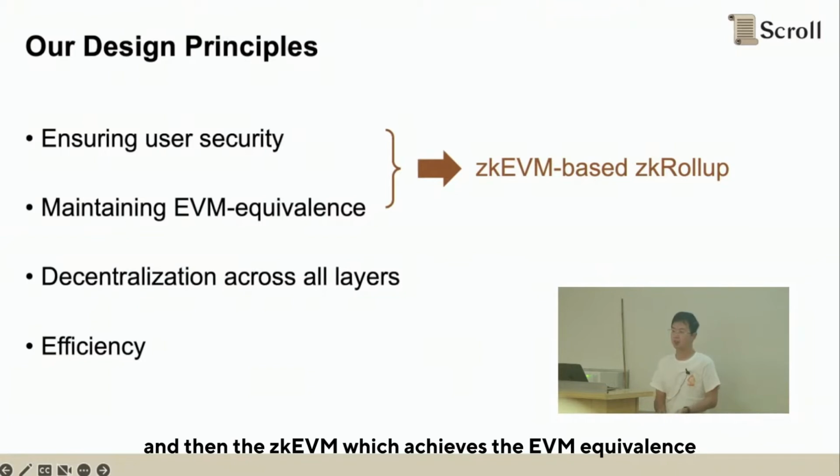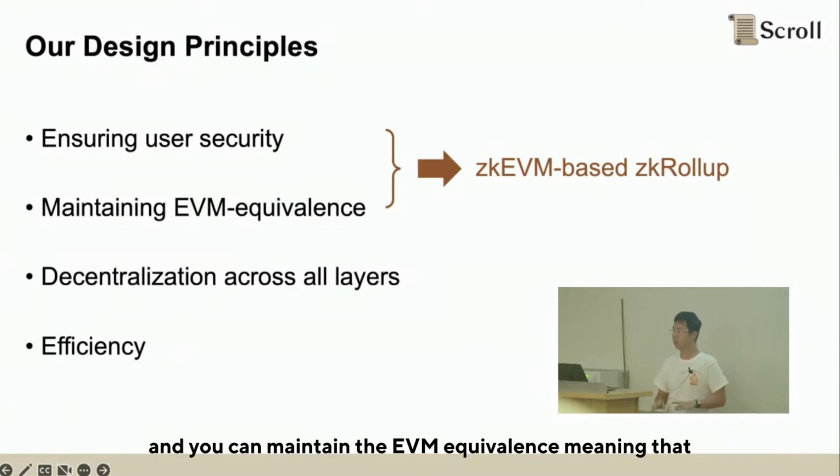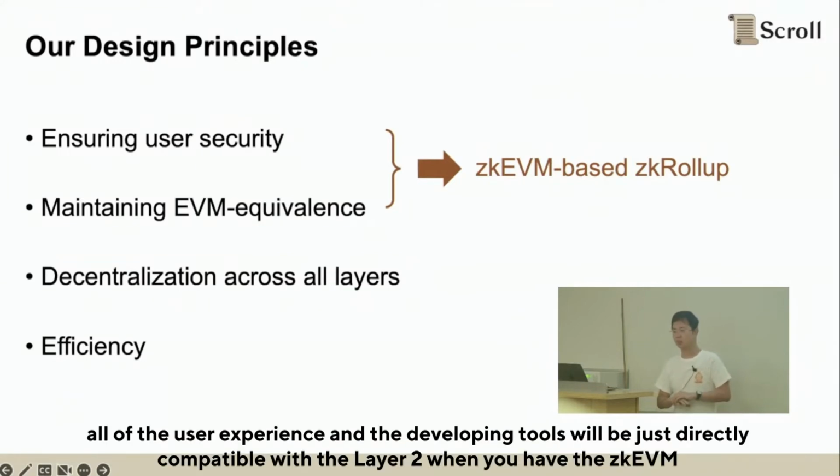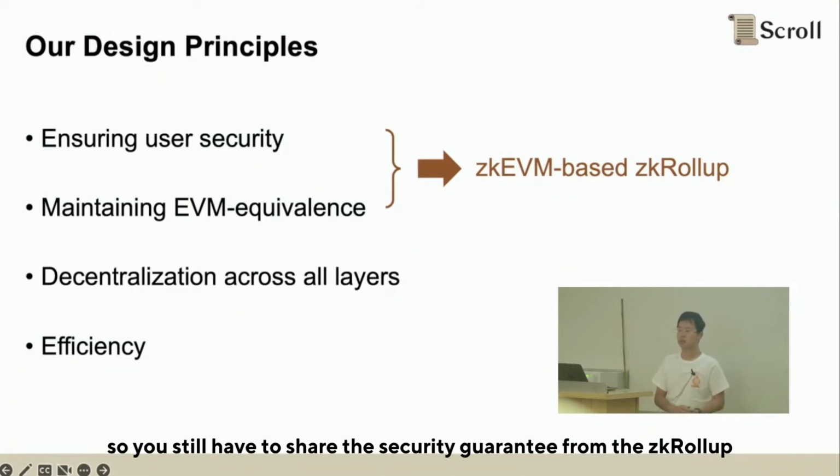The zkEVM, which achieves EVM equivalence, is the holy grail of zkRollup solutions. You maintain EVM equivalence, meaning all of the user experience and developer tools are directly compatible with layer 2 when you have the zkEVM. And because it's a zkRollup solution, you still share the security guarantee of zkRollups.